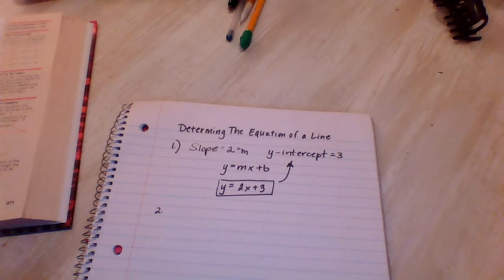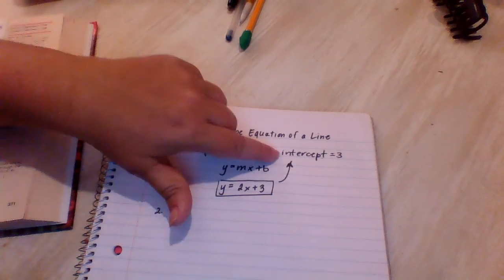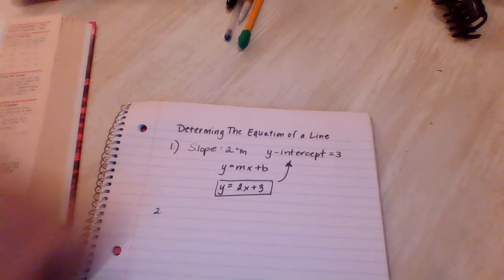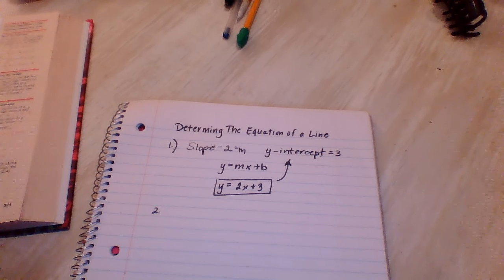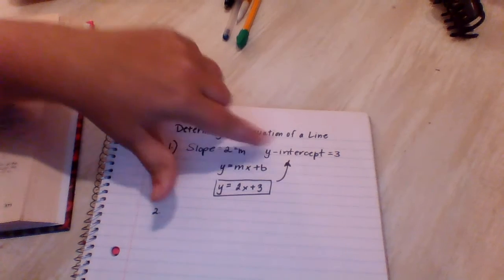That would give us an equation satisfying the slope and the y-intercept, those being 2 and 3. So our equation would be y = 2x + 3. So we actually wrote an equation satisfying these 2 things.